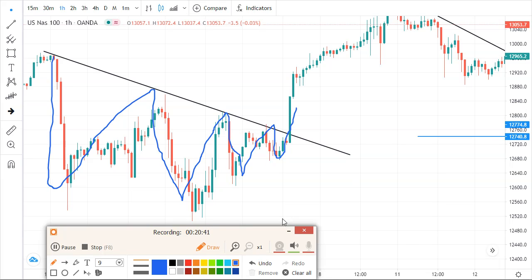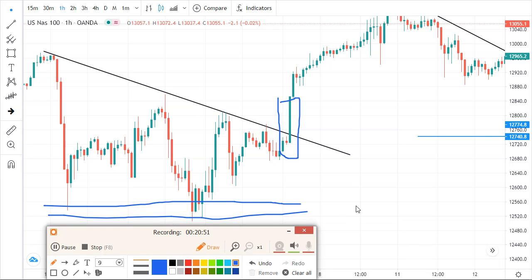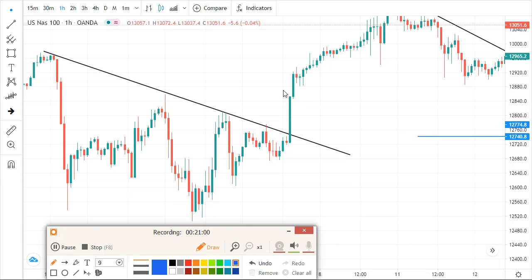But when the market breaks, you can see this very big bullish candlestick, and here we had a resistance. It's similar to what is happening at the moment. So this candle is very big. When something like this happens, we don't wait for the market to come and retest before we buy.